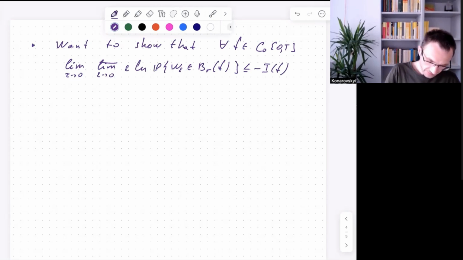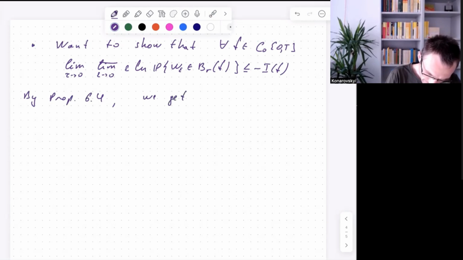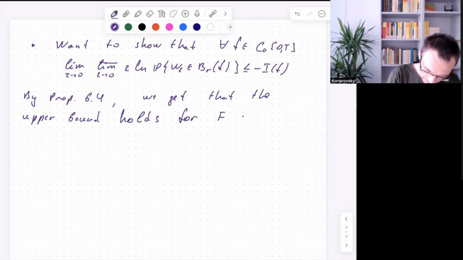And then with this inequality, using Proposition 6.4, we get that the upper bound holds for F compact. And then we will get the weak large deviation principle.